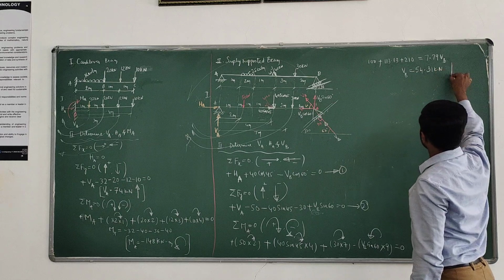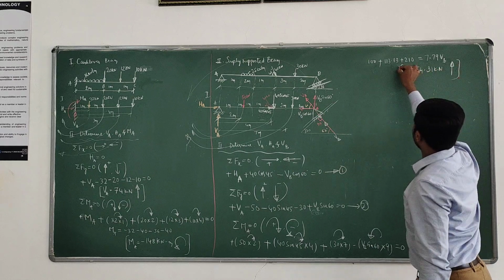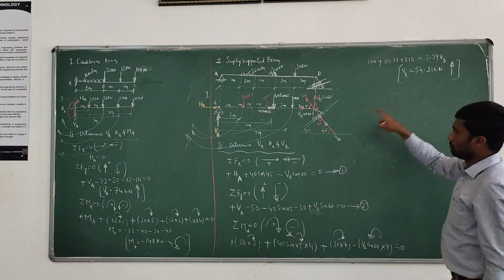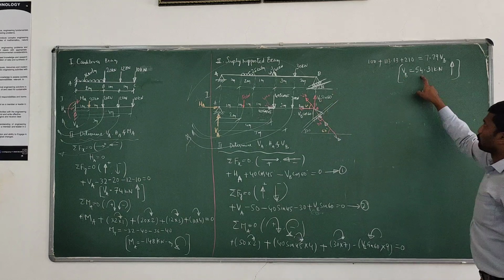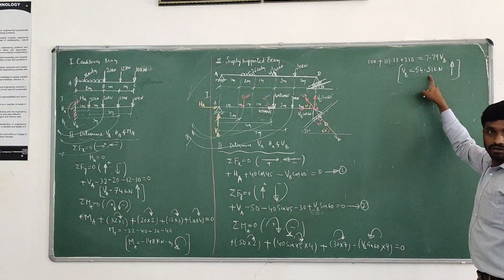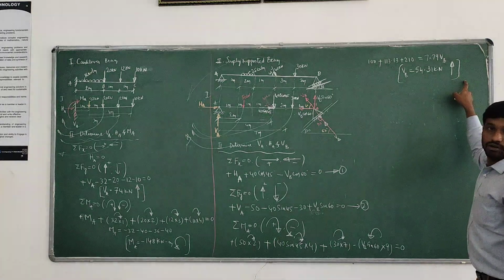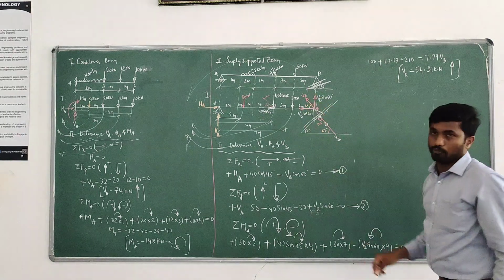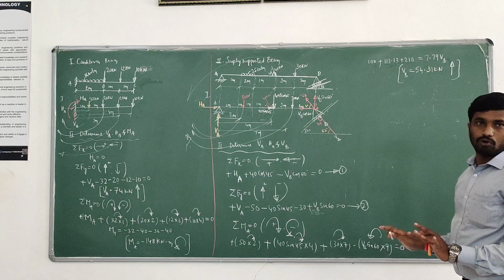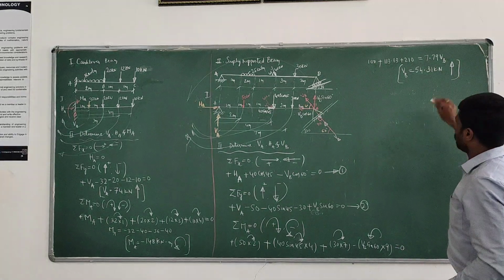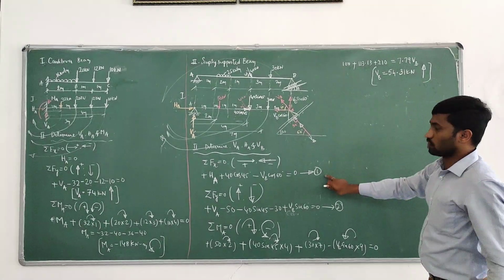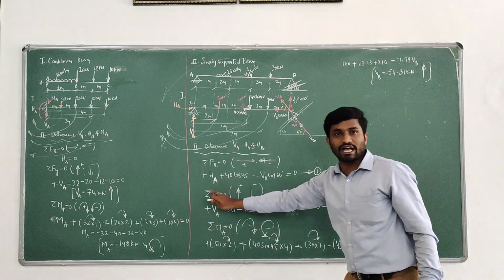54.31 kilonewton. It is positive, hence acting upward. So whatever direction we assumed, up, is right. Next, once we know the VB value, from equation 1 we can easily compute the HA value.